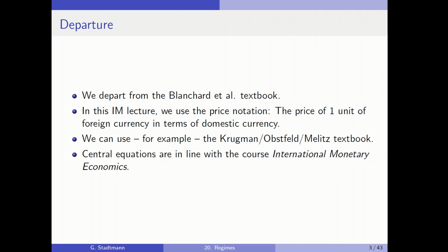When we switch to the price notation and depart from the Blanchard et al. textbook, the central equations in the lecture Intermediate Macroeconomics are in line with the course International Monetary Economics. And this is especially good for students who take both lectures.